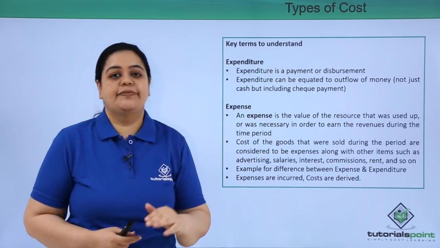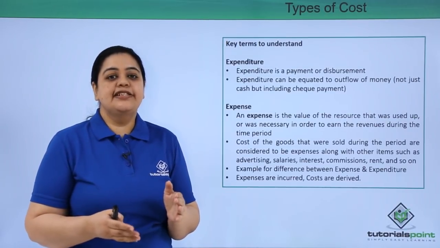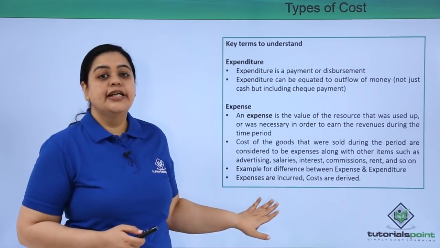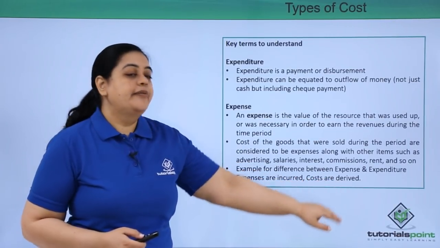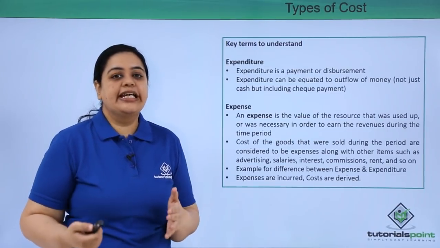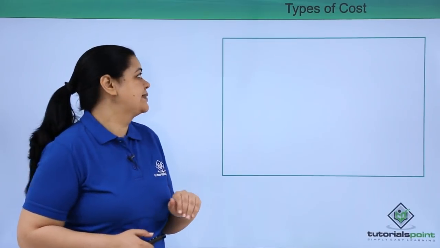When it comes to expenditure, whatever payment I did for these expenses would be counted as expenditure. Remember, expenses are incurred but the costs are derived. Whatever we are incurring is your expense, the cost is generally derived in the business.